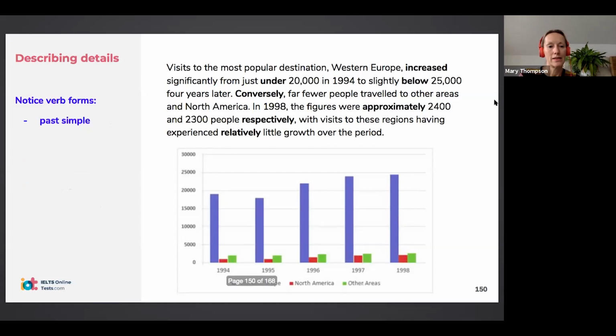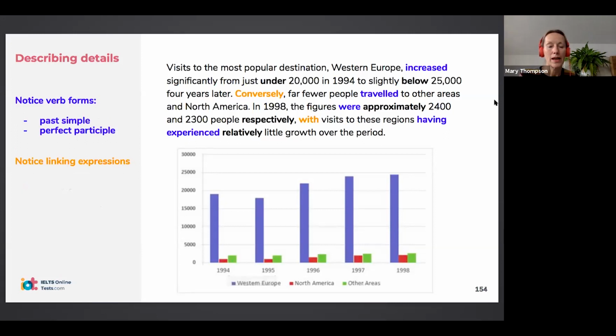Okay, and the next part. So just look at the verb forms again, past simple: increased, traveled, and were. And then we've got the perfect participle, which is here, having experienced. Okay, that should be yellow, sorry. And then linking expressions, we've got conversely and with.